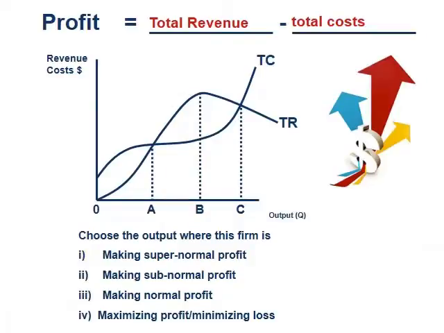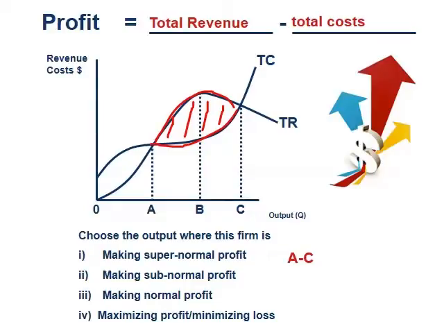So here's a simple pictorial graph where you can identify the outputs where the firm is making supernormal profit, subnormal profit, normal profit, and at what output it is maximizing profit. Supernormal profit, of course, is where the total revenue is above the total cost. So anywhere in that area there, the firm is making supernormal profit.